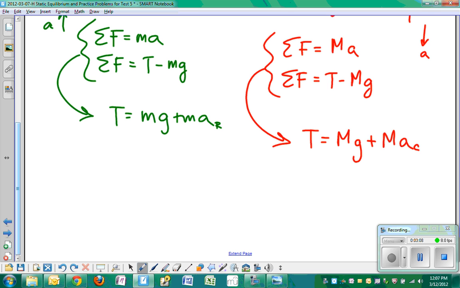Now, what do we know about the acceleration of the chandelier and the acceleration of Robin Hood? They're the same magnitude, but they are opposite in direction, okay? So what we can say right here is that A_C is equal to negative A_R. Got that?